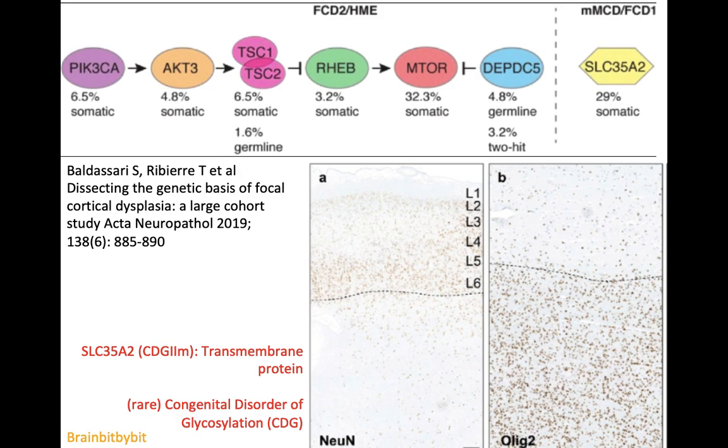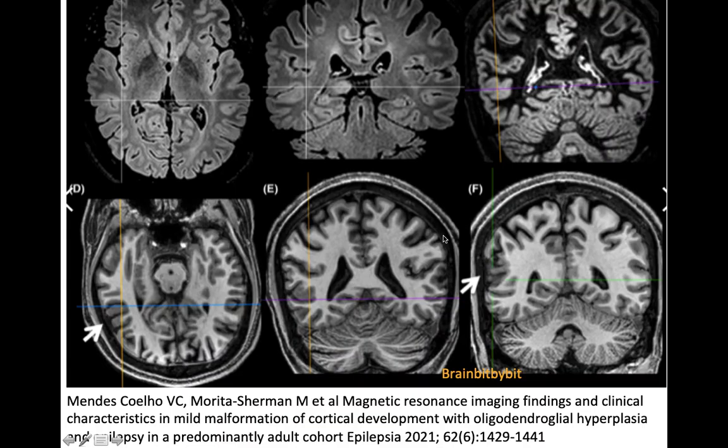So on MRI, the cortex looks thickened because of the oligodendroglial cells in excess superposed on the normal cortex, but on histopathology the cortical thickness is normal.